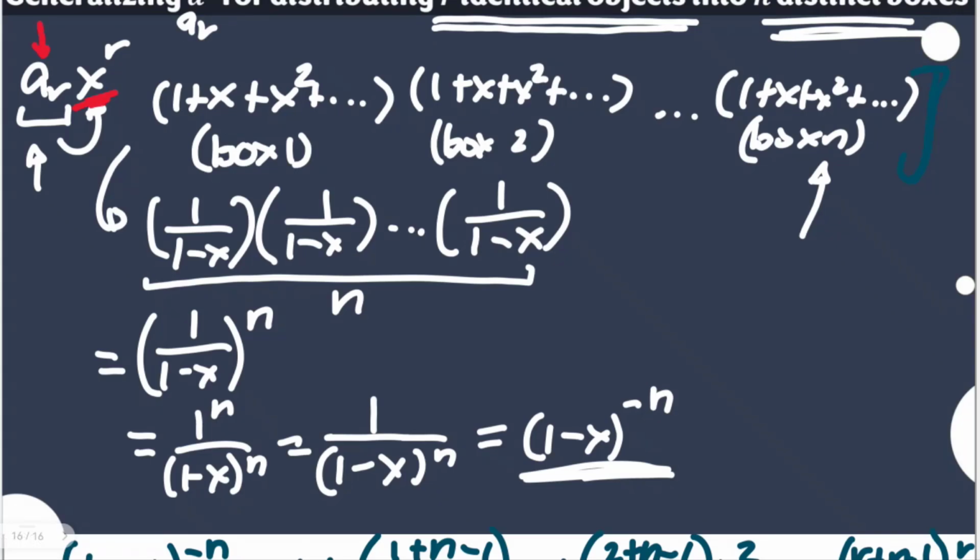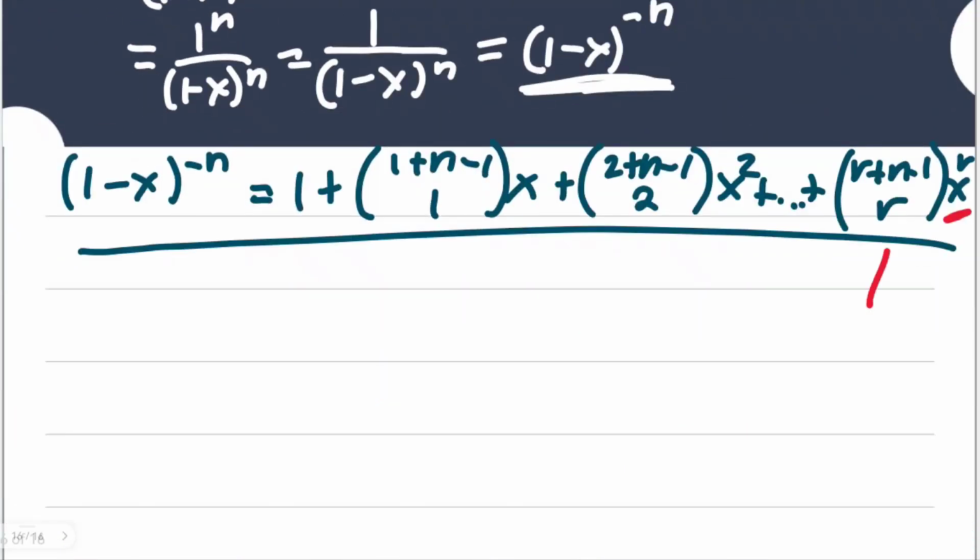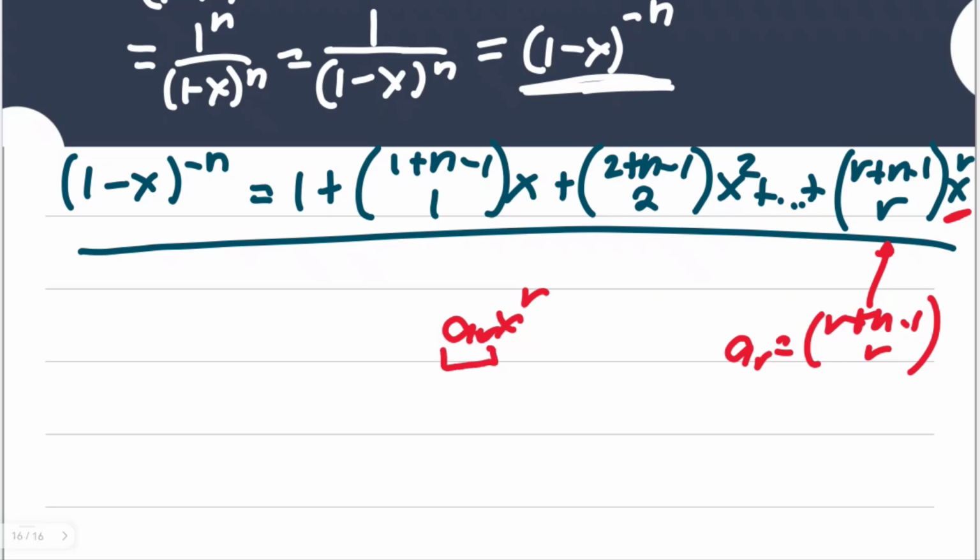So what would be our A sub r here? In short, our A sub r is just r plus n minus 1 choose r. Because A sub r, the coefficient of x to the power of r, indicates the number of ways of selecting r objects.